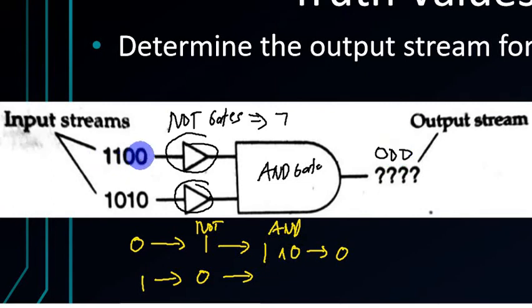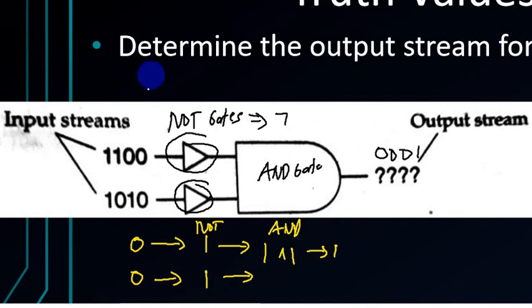Now, what if we both have zeros? Not 0 is 1, so we'll have 1 and 1. And here we have a different output, which becomes 1. So, based on these input streams, once placed into these combinations of logic gates, we have the output stream of 0, 0, 0, 1.